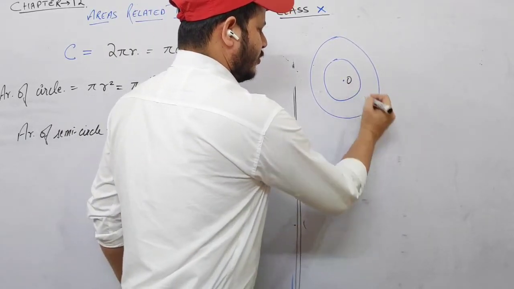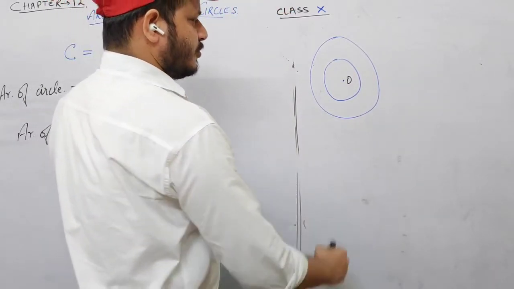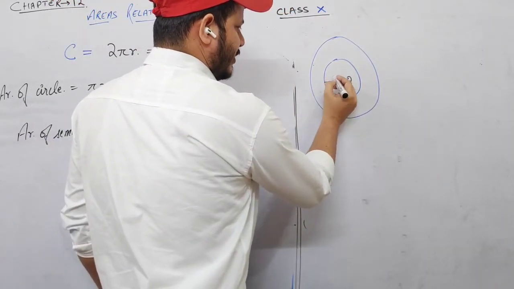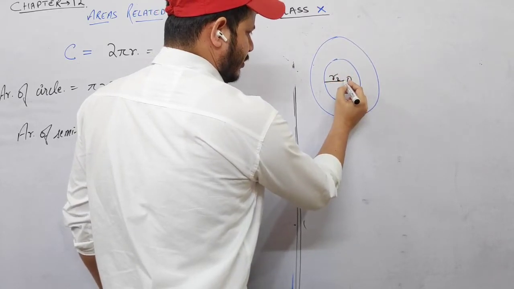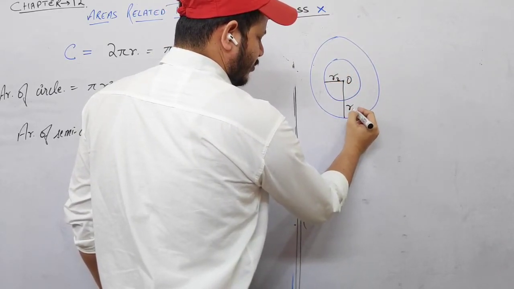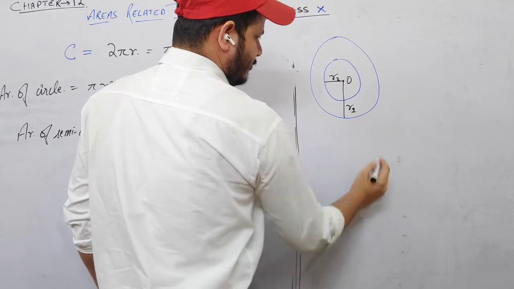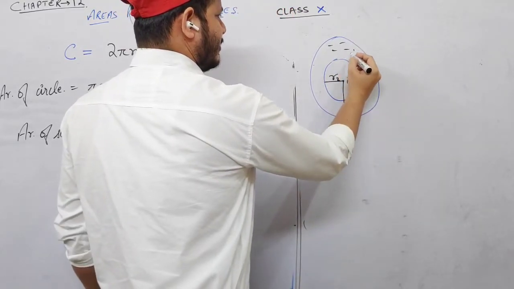Suppose the radius of the smaller one is r, and the radius of the larger one is R. We have to find this area.